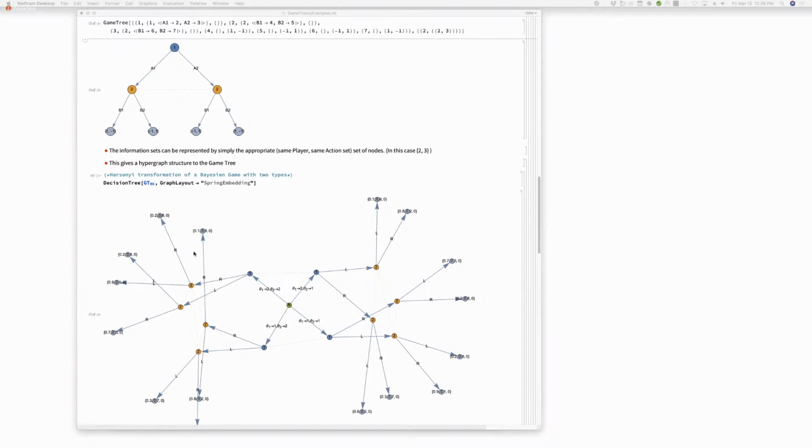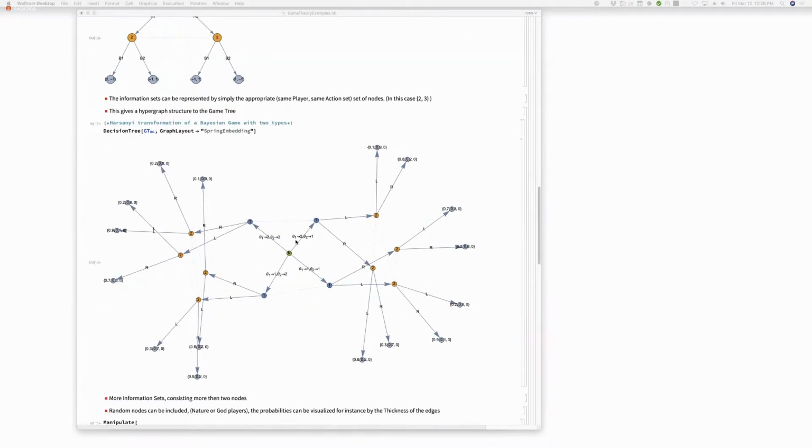The players know only their own type, and based on that information, they need to make decisions. Without jumping further, this is just a representation of an imperfect information game, which is a little more complicated than the first one.